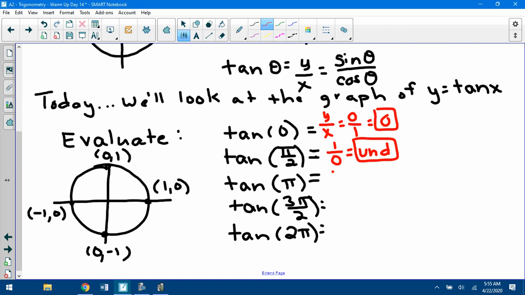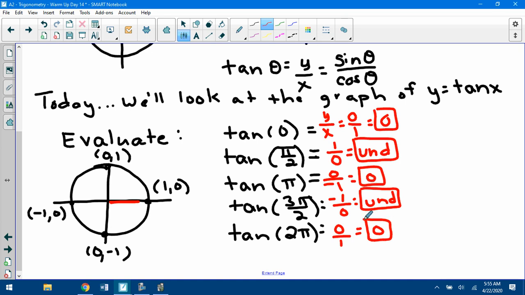It would be 0 over negative 1, so we're back to 0. 3 pi over 2? Negative 1 over 0, so back to undefined. And it should be no surprise that 2 pi is the same as 0 because they're the same spot here. It would be 0 over 1, so back to 0. Okay, so tangent essentially alternates between 0 and undefined at the quadrantals.